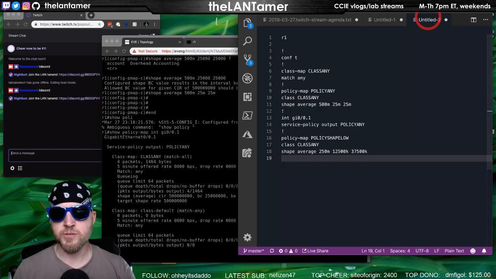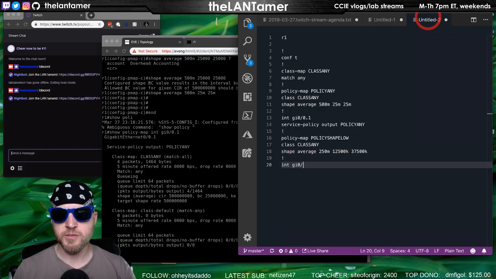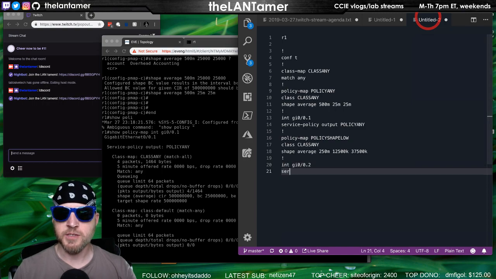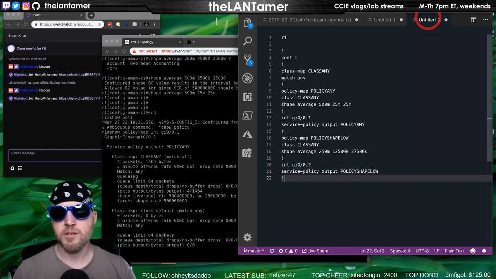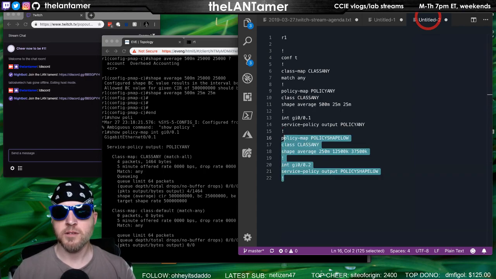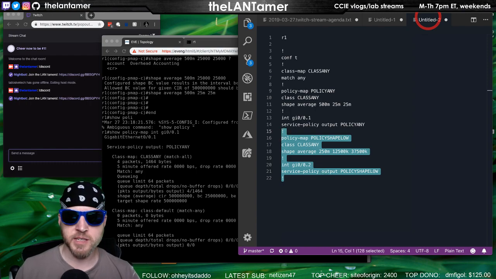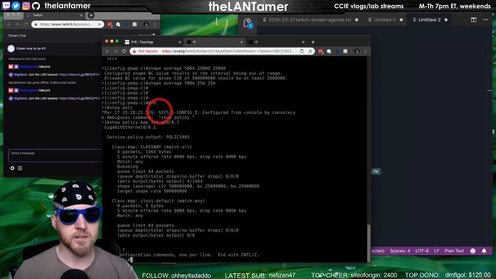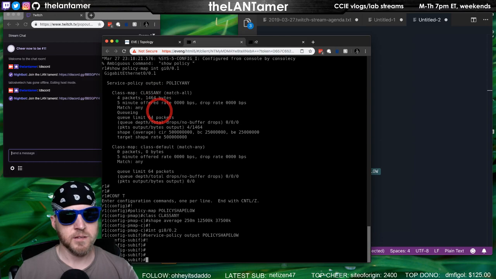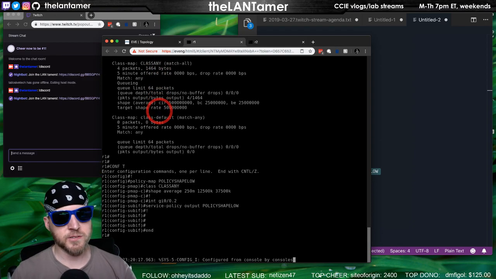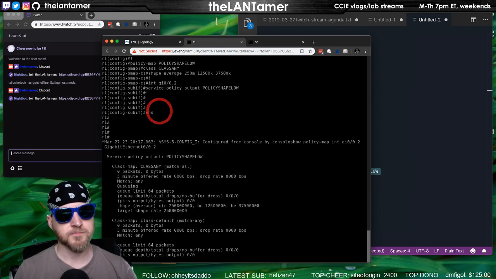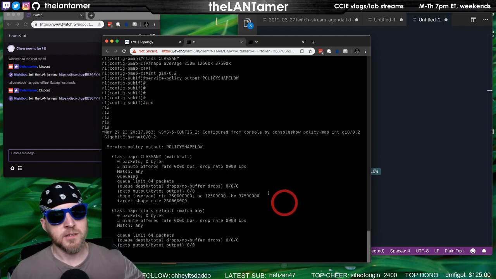And then what we'll do is interface Gi0/0.2, service-policy output policy shape low. Okay, so let's add this config. He likes it. Now show policy-map interface Gi0/0.2. There it is.